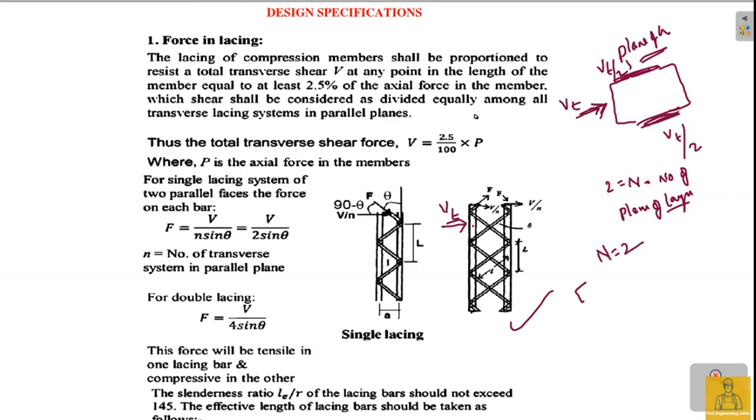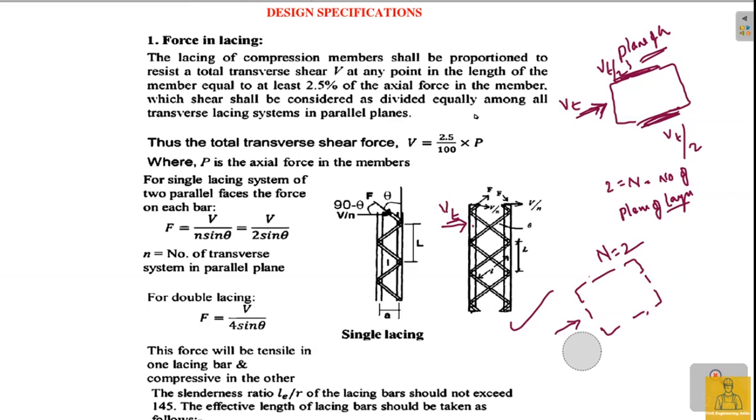But in case of angle sections, 4 angle sections coming together and forming a built up section, we have 4 lacing systems on 4 sides. So when a transverse shear force is acting in this way, this one and this one is going to take it. And what happens if the force is in this direction?